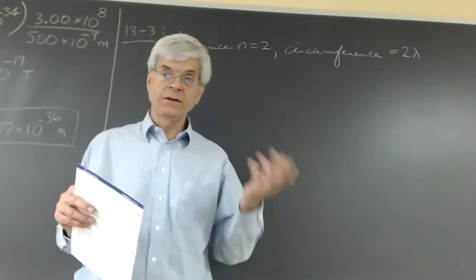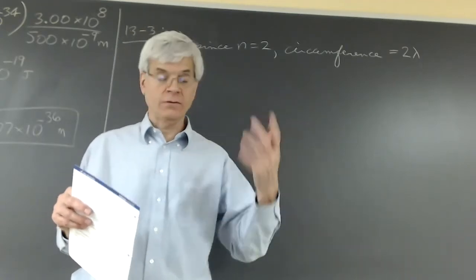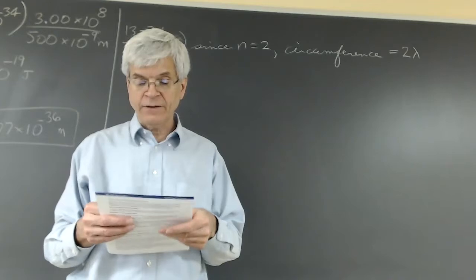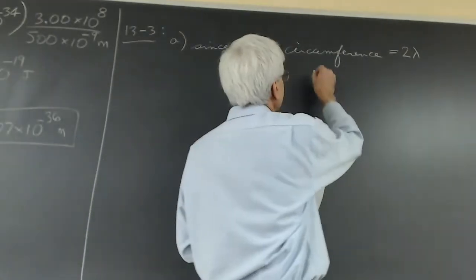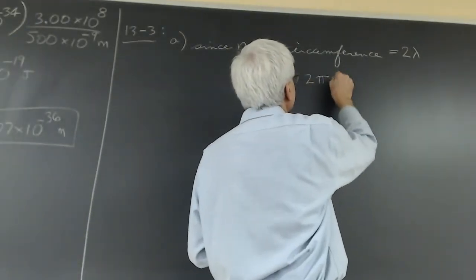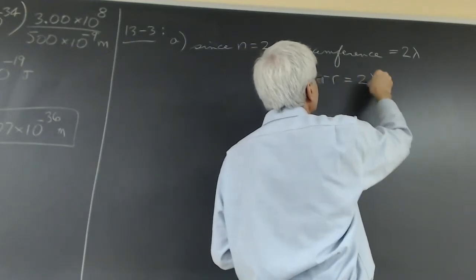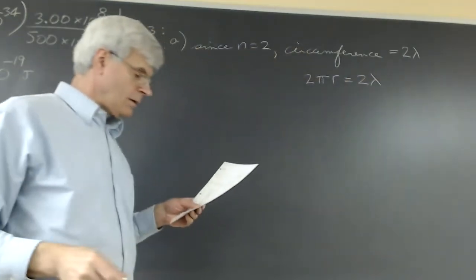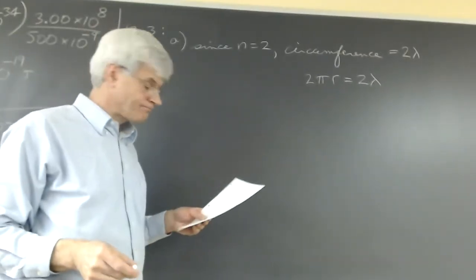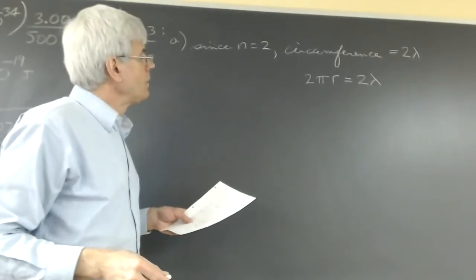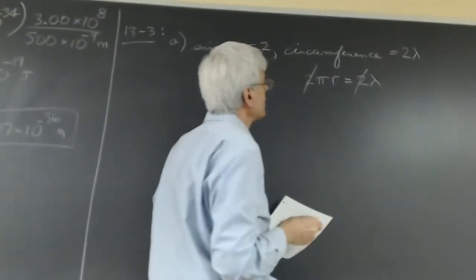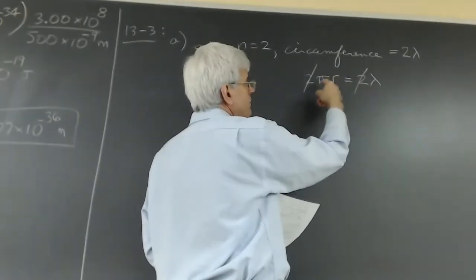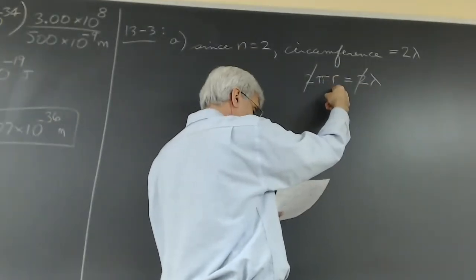When n equals 1, the circumference is 1 wavelength. N equals 3, the circumference is 3 wavelengths, and so on. The circumference of a circle is 2 pi r. Well, the 2s drop out, and so the wavelength is going to be just pi times the radius.